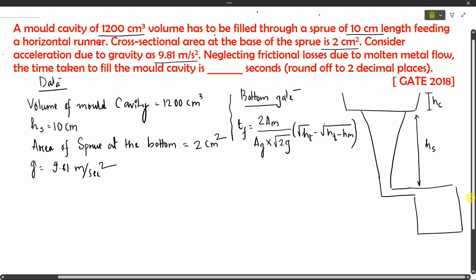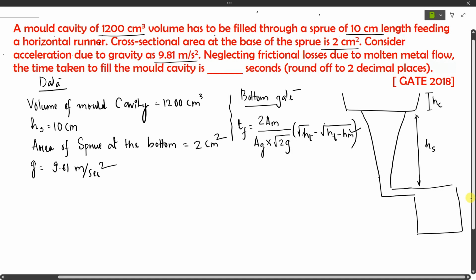Now see, this is the formula to find out the filling time for bottom gate. But then the problem is here there is an unknown HM, that is height of the mold, which is not given in the question. So it will be very tough if we use this one. But if at all we go for top gate, we'll easily get the answer.